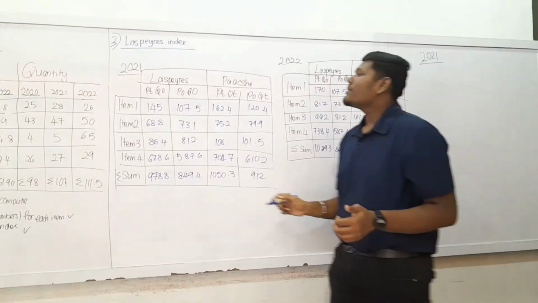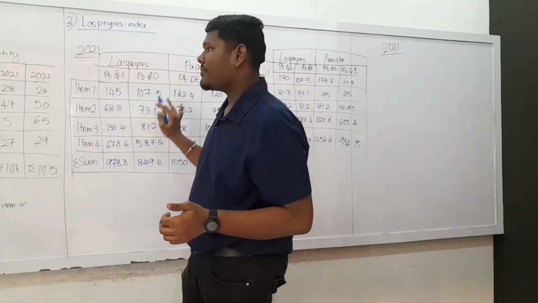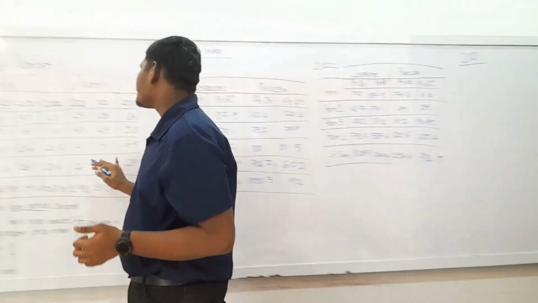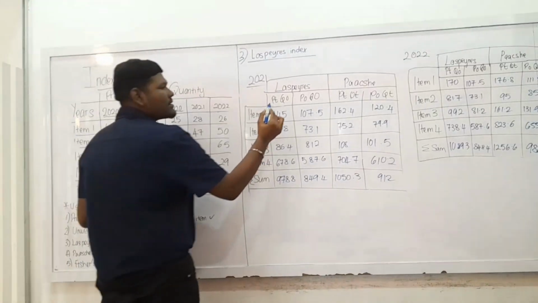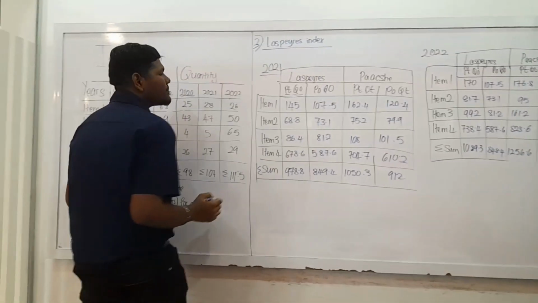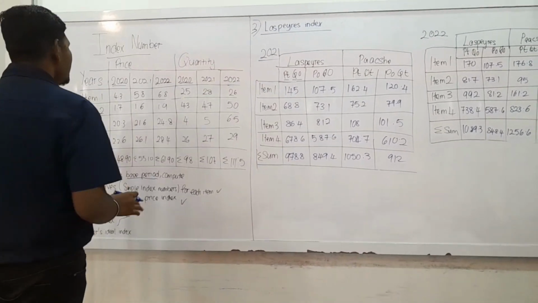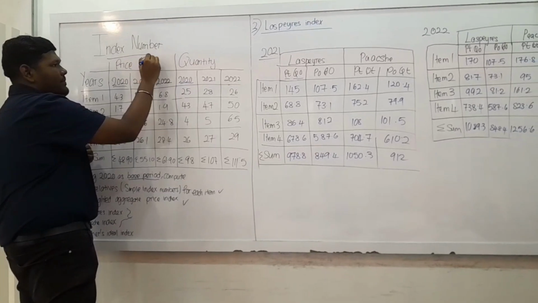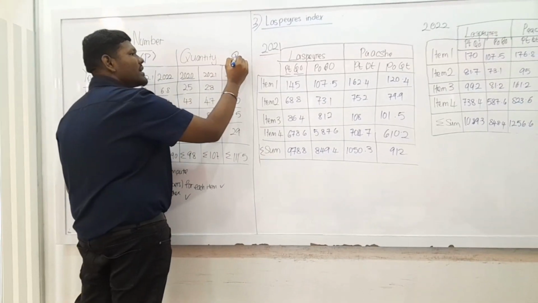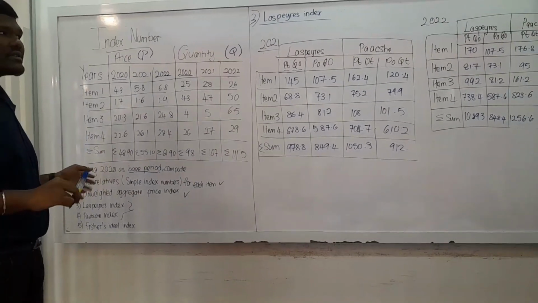For the Laspeyres price, you have to times PT and QO. So what stands for PT? P is for price and Q is for quantity. Do you know what stands for T and O?